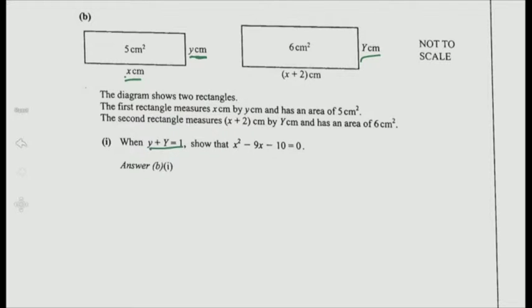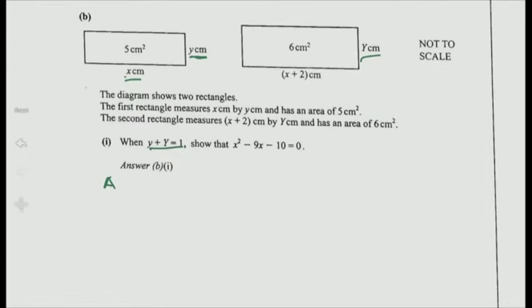You should be able to use the formula for the area of a rectangle. So here, the area A for rectangle 1 will be length times breadth.